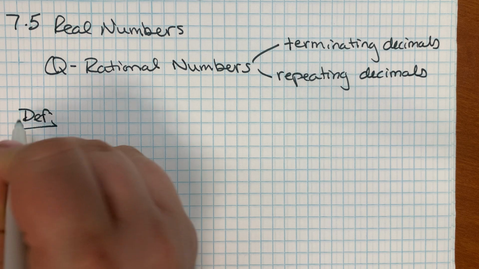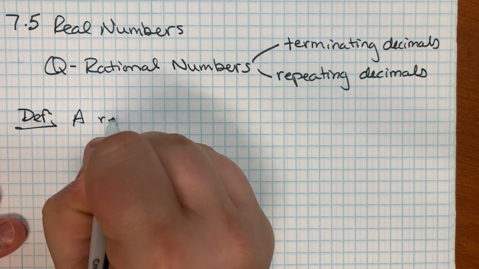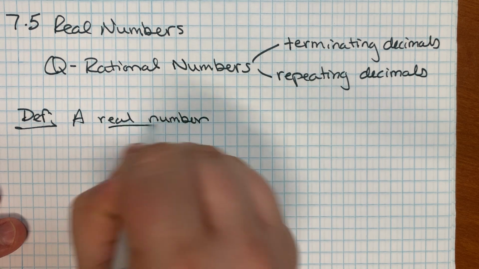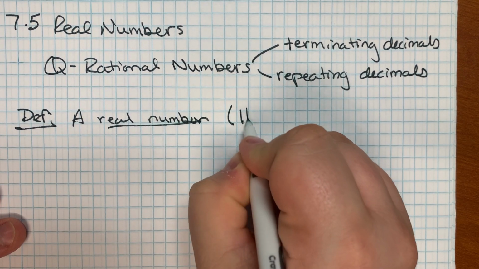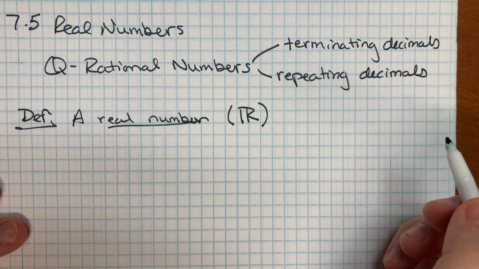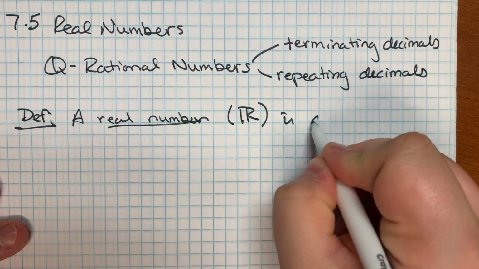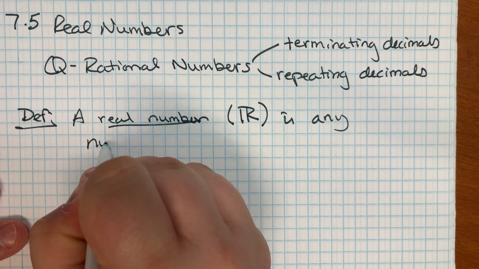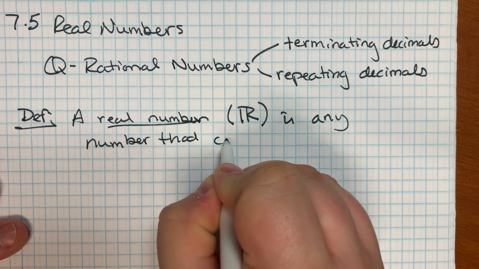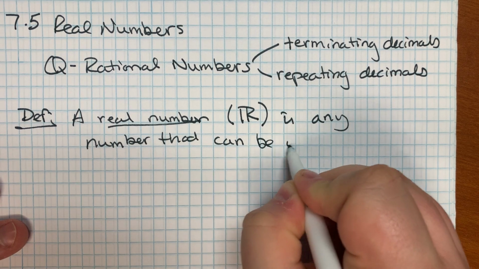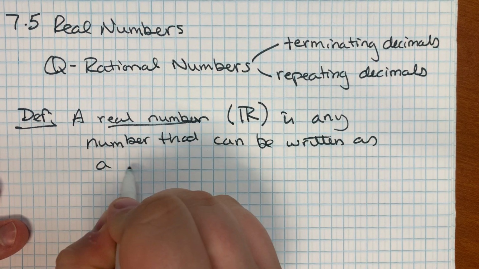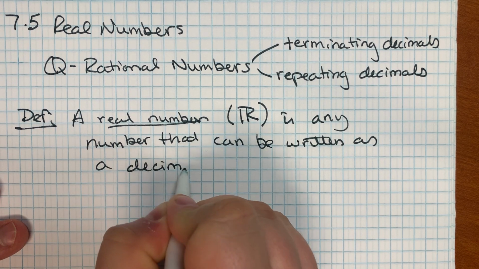Definition. A real number, which we denote with this R, that kind of looks like the paragraph symbol, is any number that can be written as a decimal.